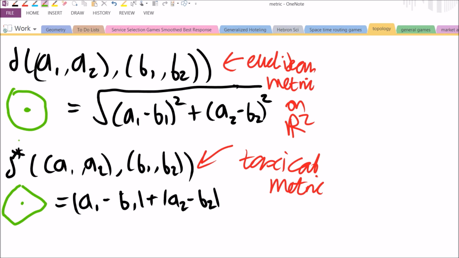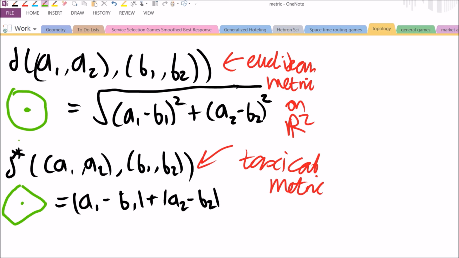Now, what's interesting is to think about what kind of topology these metrics induce via the previous proposition. So, the set of all open balls from a given metric space defines a basis, which defines a topology.